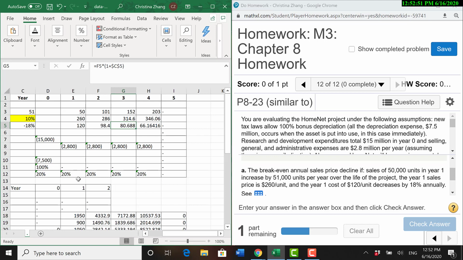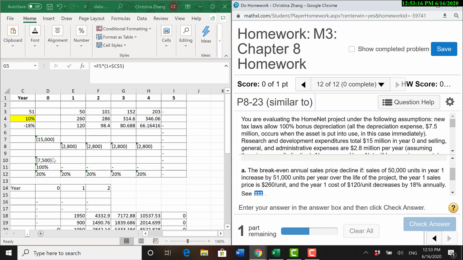So the next thing is I have a capital expenditure of 15 million, which happens at time 0, so it's negative. And then I have annual selling, general, and administrative expenses, which is 2.8 million. It's an annual amount, so I put it over here. And then I have a 100% depreciation, called 100% bonus depreciation.